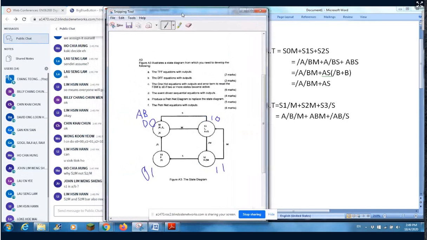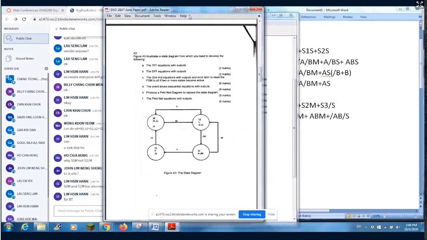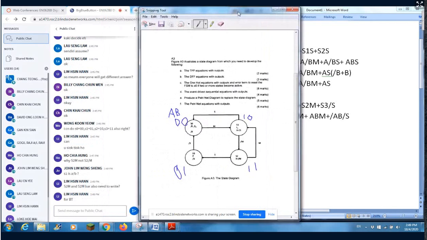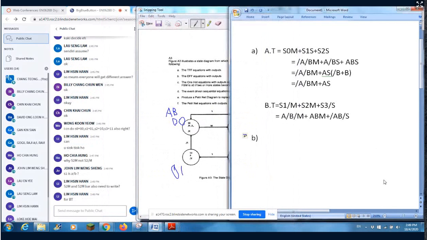Okay, your question is why? Why S2M, not S2M bar? Answer the question.